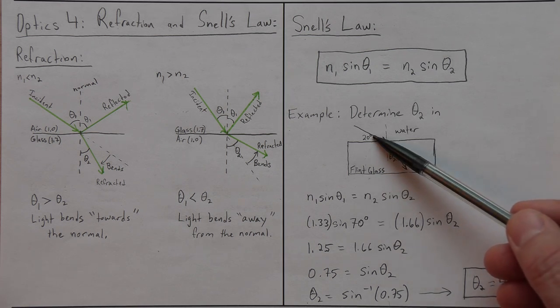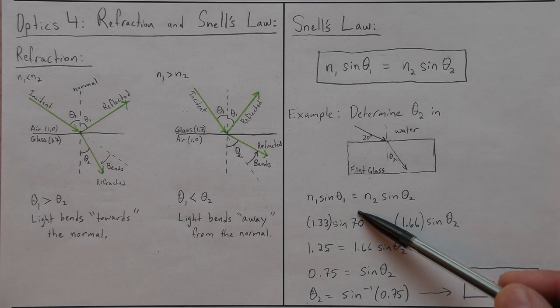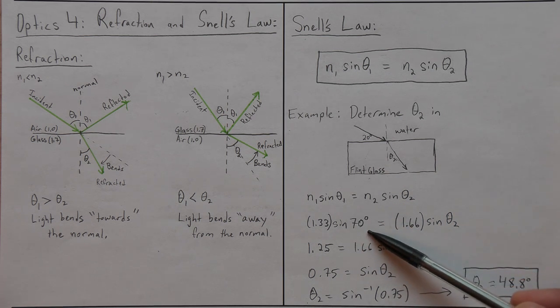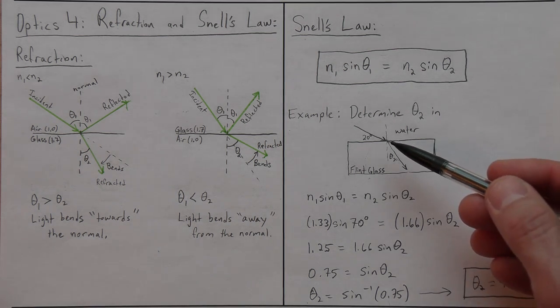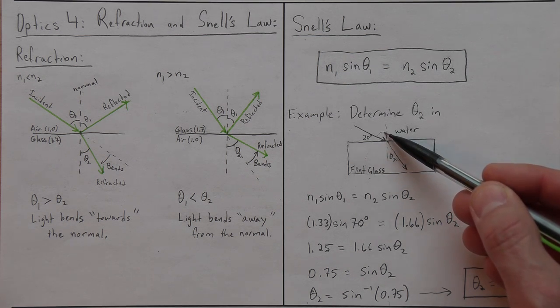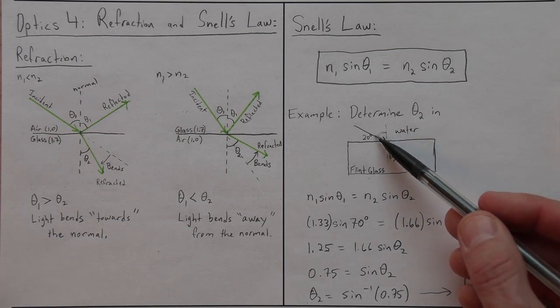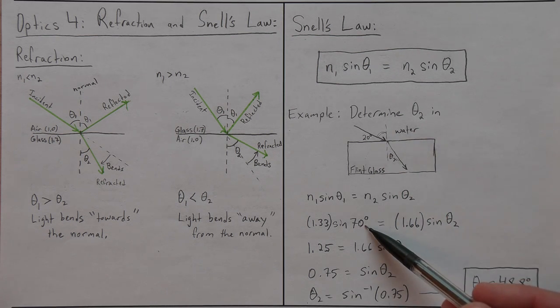Very often they'll give you this angle to the surface, 20 degrees, to make you plug in 20 and get the wrong answer. But that's not how we measure angles in optics. Remember in video lesson 1, when we were learning the law of reflection, the angle's always to the normal, right here. And so it's 90 minus 20, or 70 degrees.